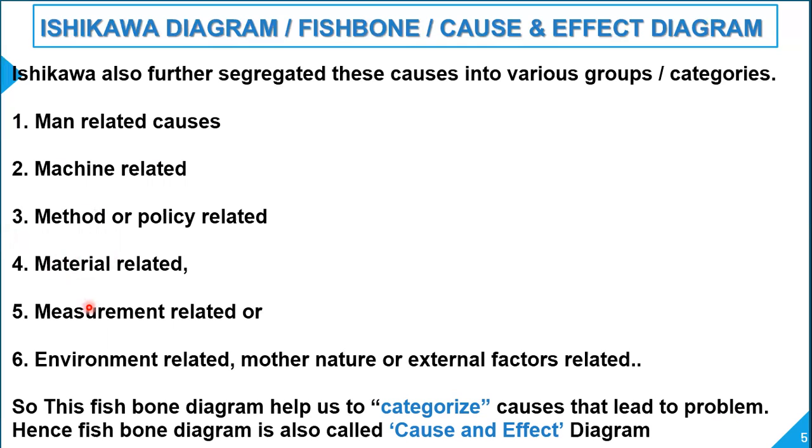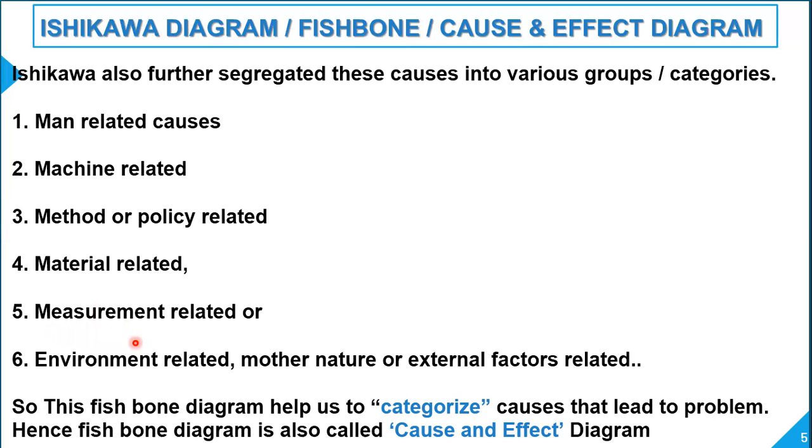Fifth is measurement-related causes. Measurement is what, once we formulate a particular product or develop a particular service, we need to measure whether things are being properly deployed or not. So we always have a quality assurance team, a quality control team. So are there any issues associated with the measurement?